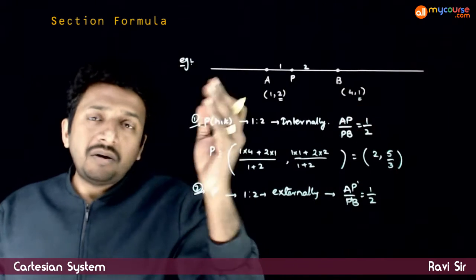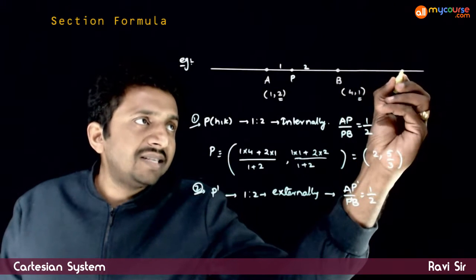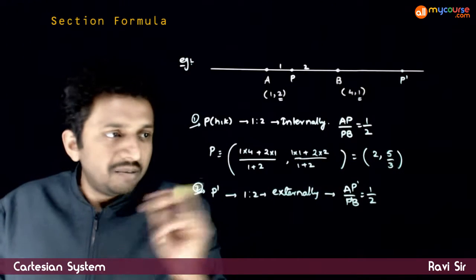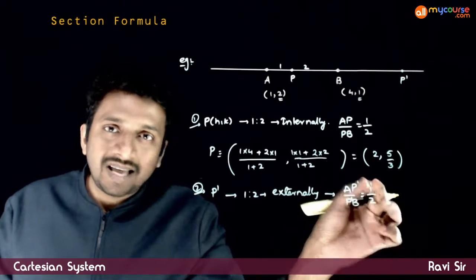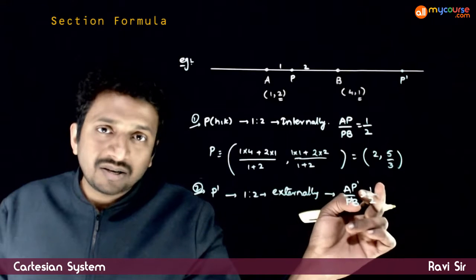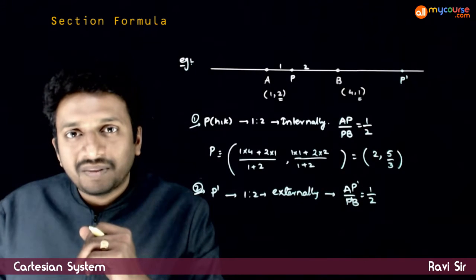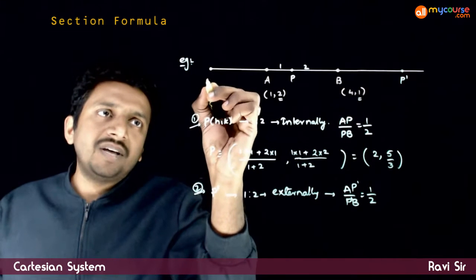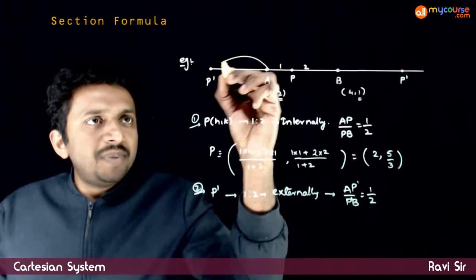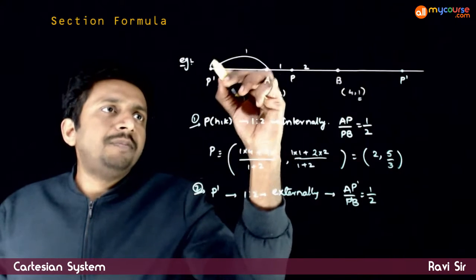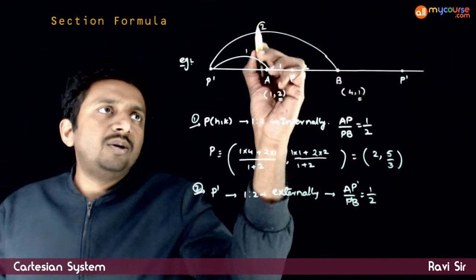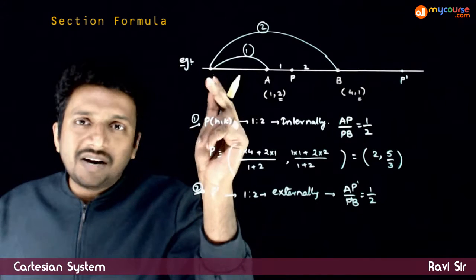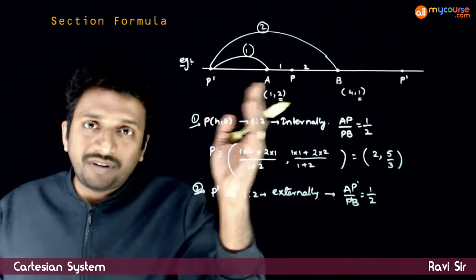Will P dash lie here or here? If P dash lies here, AP dash will always be more than BP dash, but I want AP dash to be less than BP dash. So obviously P dash cannot lie on this side. P dash will lie somewhere here, such that AP dash is one part and P dash B is two parts. So P dash will lie on the side of A.